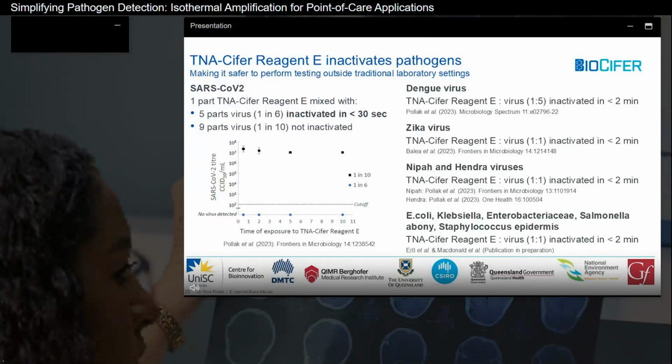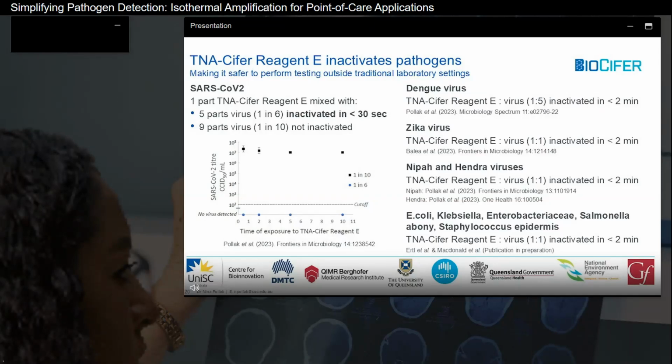However, with the higher dilution of 1 part reagent to 9 parts virus, it remains ineffective. This demonstrates how important the right concentration is to ensure safety during testing.